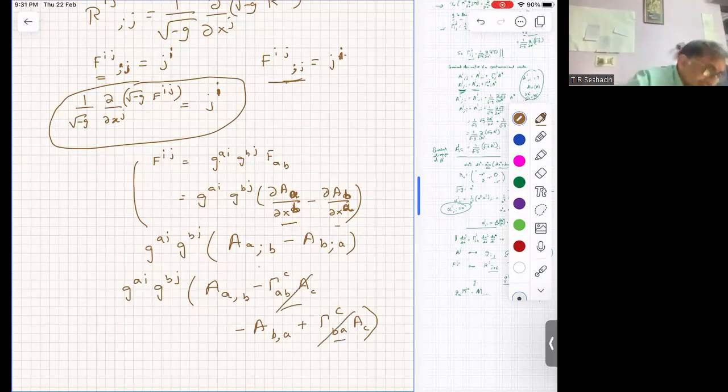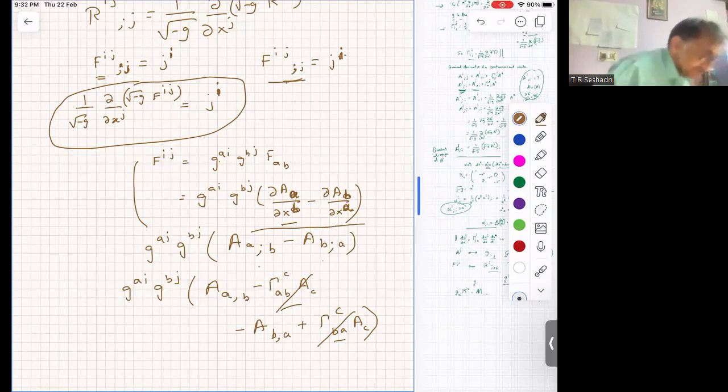So although strictly you have to use the covariant derivative, that extra portion gets cancelled, so I can still write the partial derivative.